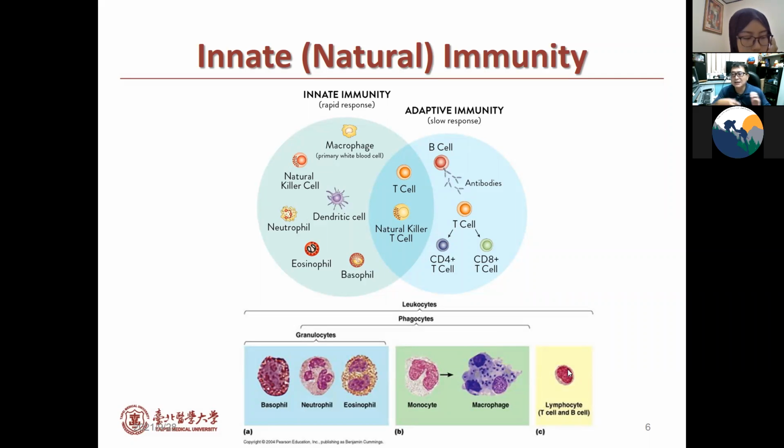So lymphocytes, including T cells and B cells, have small size, small cytoplasm volume, and a big nucleus. Because when they are activated, they need to produce a lot of protein, a lot of antibodies, something like that. So their DNA activity is much stronger.